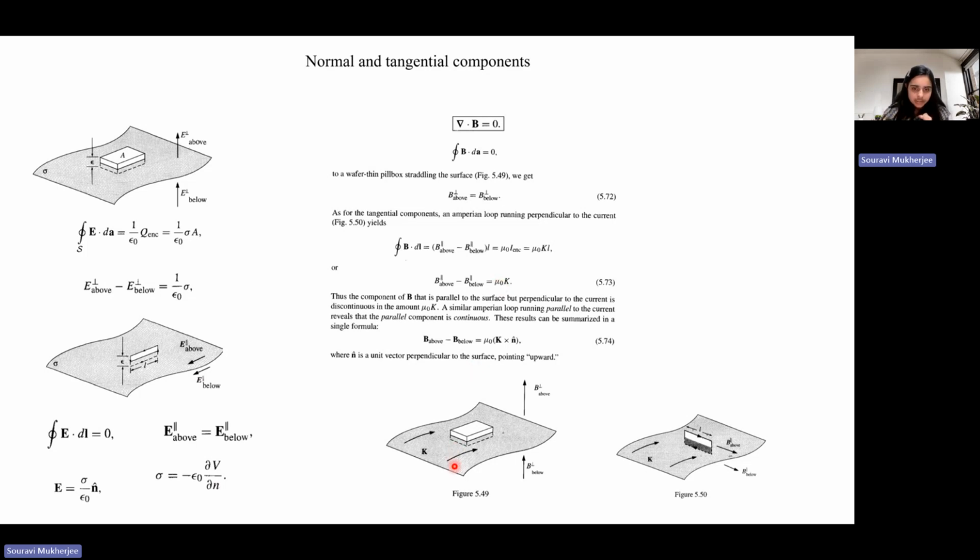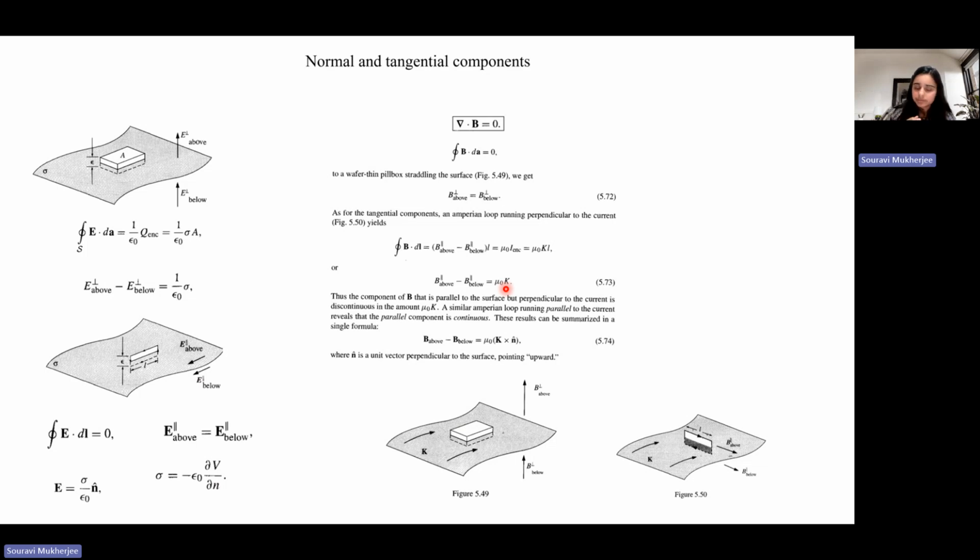So if you have a region with a surface current density K, then the perpendicular components will still be continuous, but the parallel components will be discontinuous, and it will be given by mu naught K. It's mu naught because we're still talking about free space.